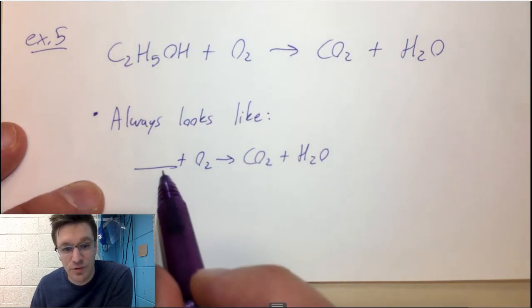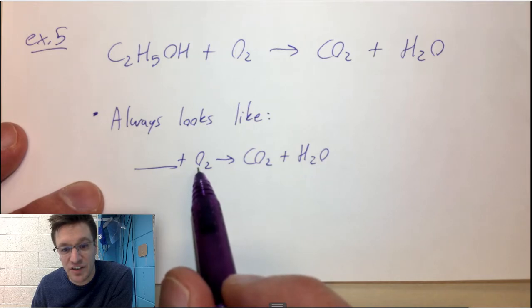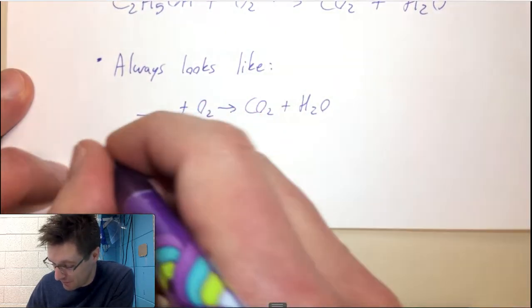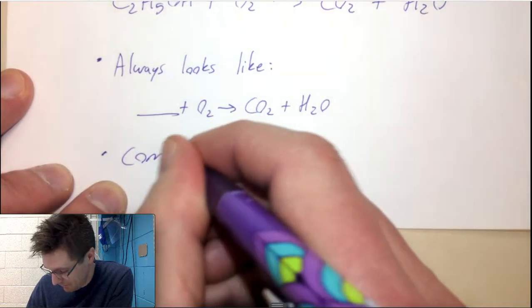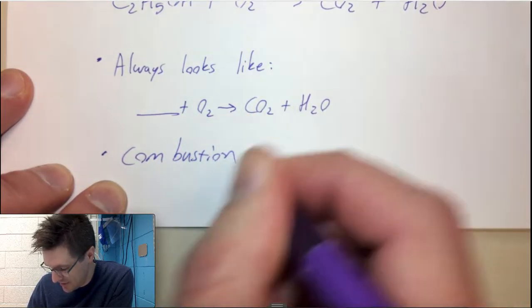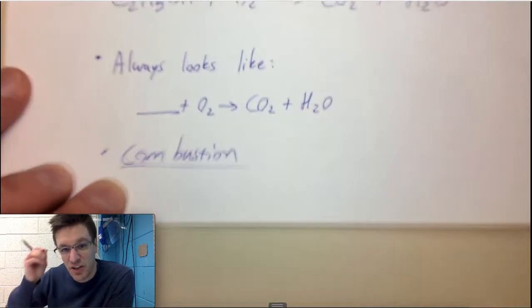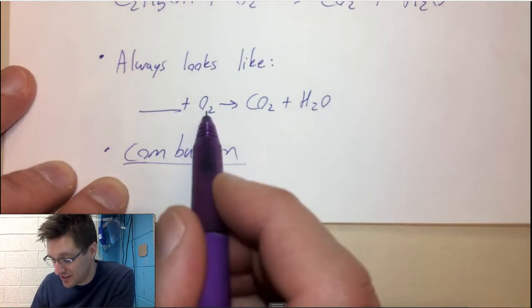So it's always going to be something plus oxygen produces CO2 plus H2O. Okay. Anytime you see that, that's a special reaction. You got to have a light bulb go off in your head that is combustion.